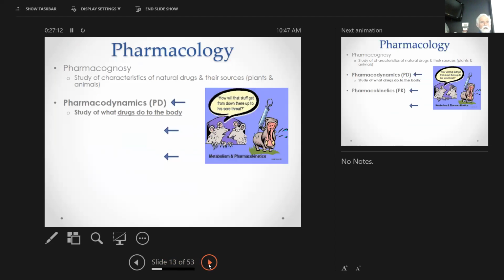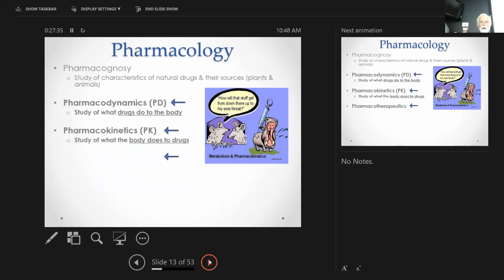Pharmacodynamics is the study of what drugs do to the body. In other words, how does the drug affect its therapeutic action. Pharmacokinetics is the study of the reverse, what the body does to the drugs.